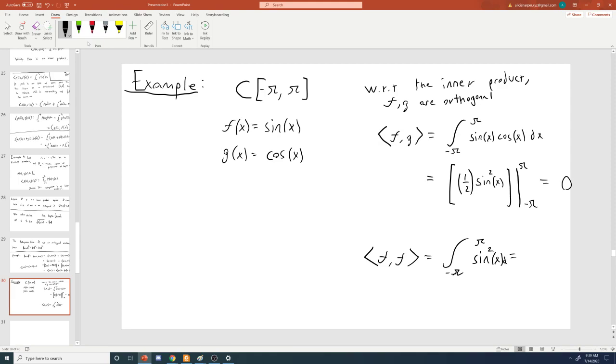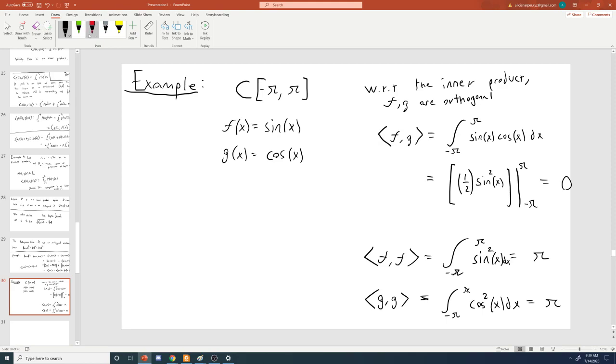You can verify that this integral is in fact simply equal to pi. Likewise, you can compute the inner product of g with itself. And this is going to be the integral from negative pi to pi of cosine squared of x dx. And again, you can verify that this is simply pi.